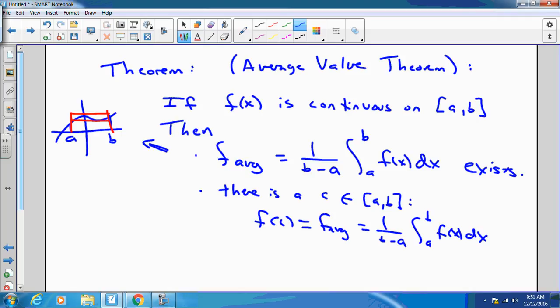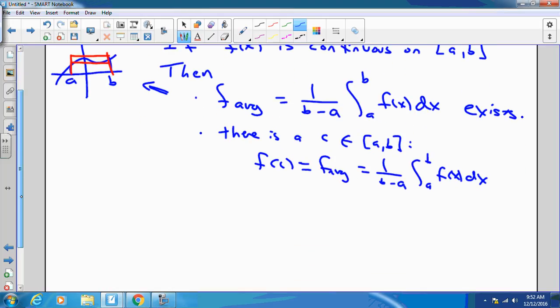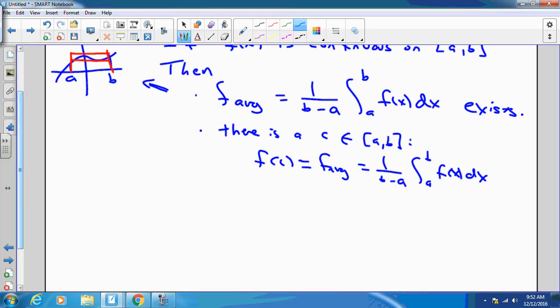Notice I do not require differentiability. So the average value theorem is in some sense stronger because it requires less of a function. I don't need for f to be differentiable. All I need for it to be is continuous. And if it is continuous, I'm guaranteed that my f of c will hit the average value somewhere in there.